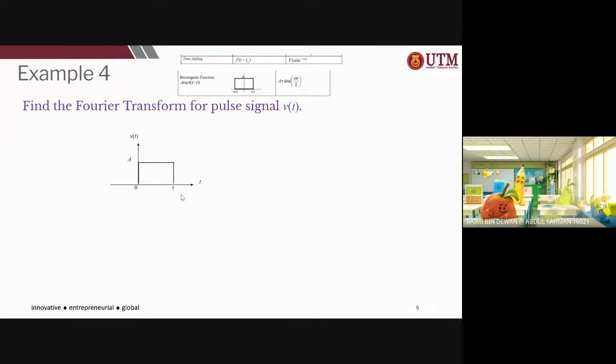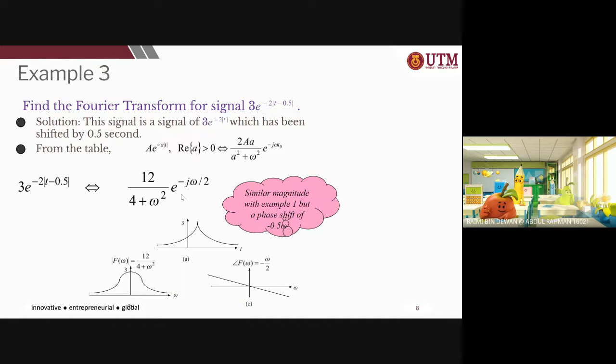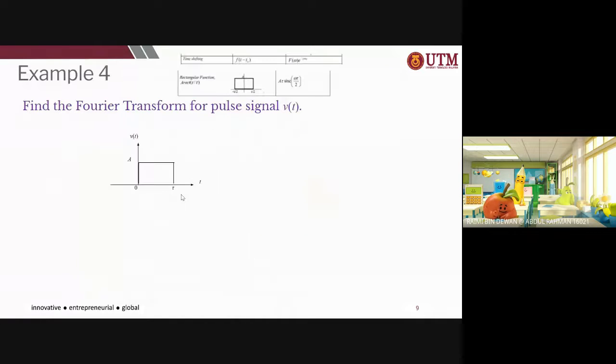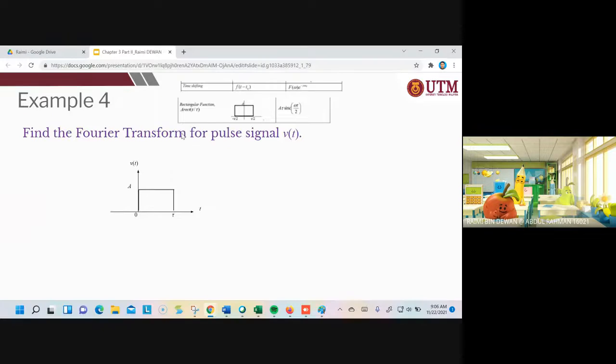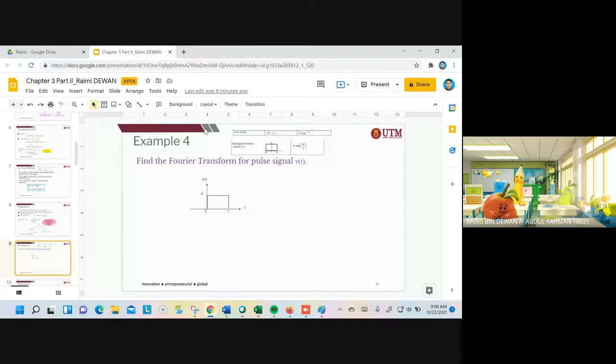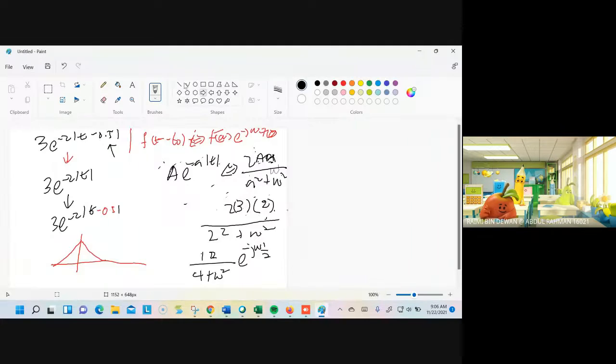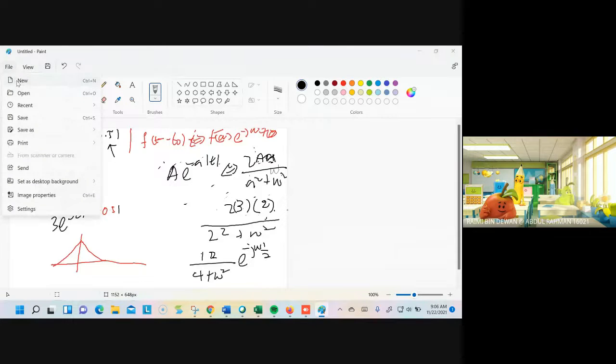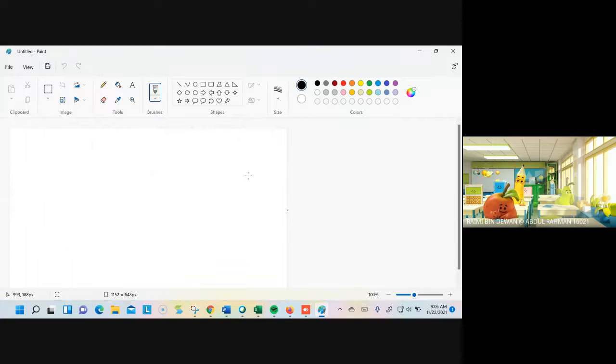This is how to find the time shifting for the transformed signal. Find it for the pulse. This one is also shifting; you can do it on your own. You know this one is shifted by half, right? Try testing yourself. The standard rectangular pulse goes from negative tau over 2 to tau over 2.